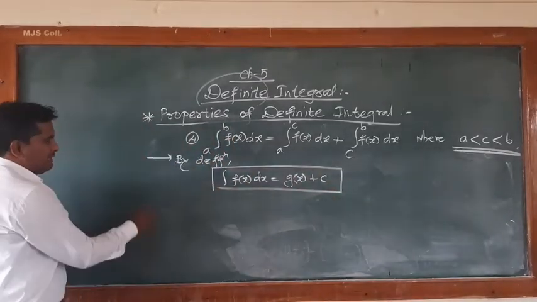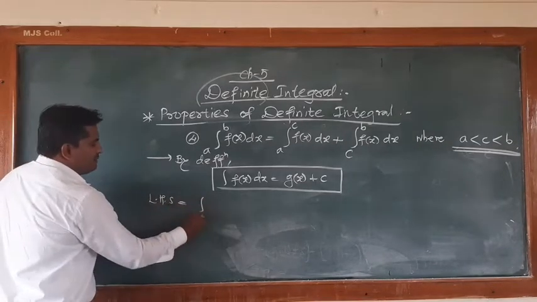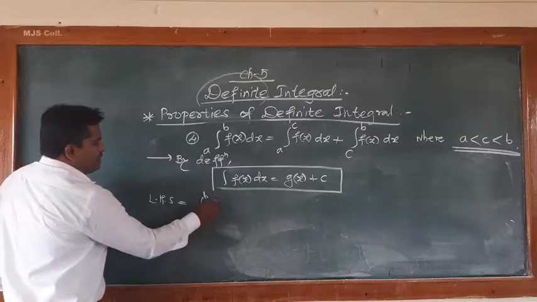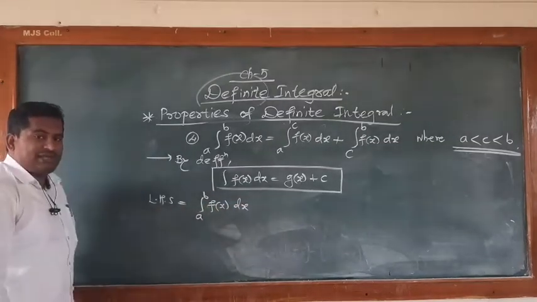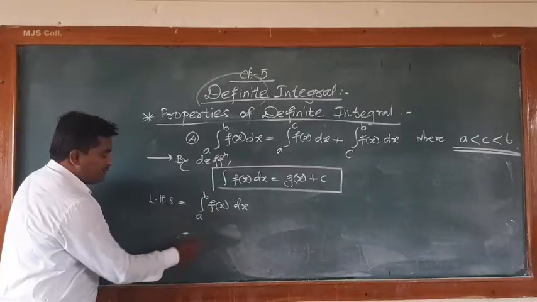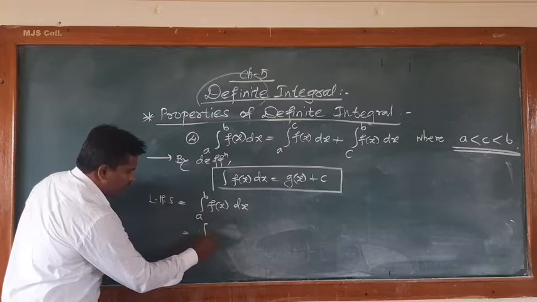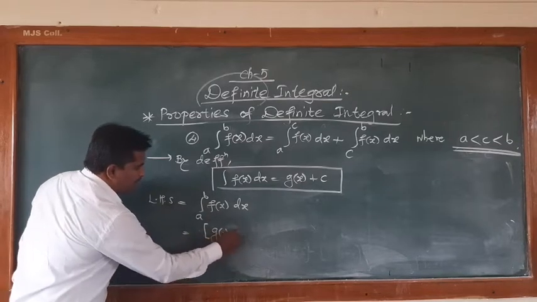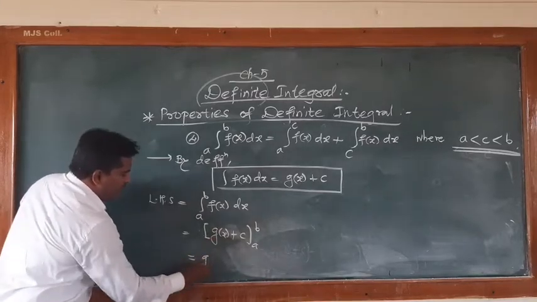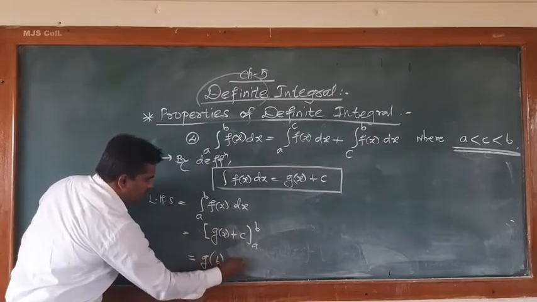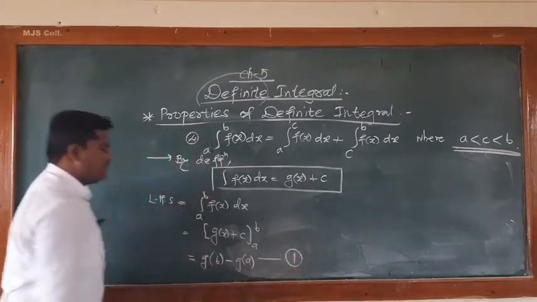Now, the LHS. We know that the integration of f of x with respect to dx with limits a to b gives g of x plus c from a to b, and we get g of b minus g of a, which is equation number 1.